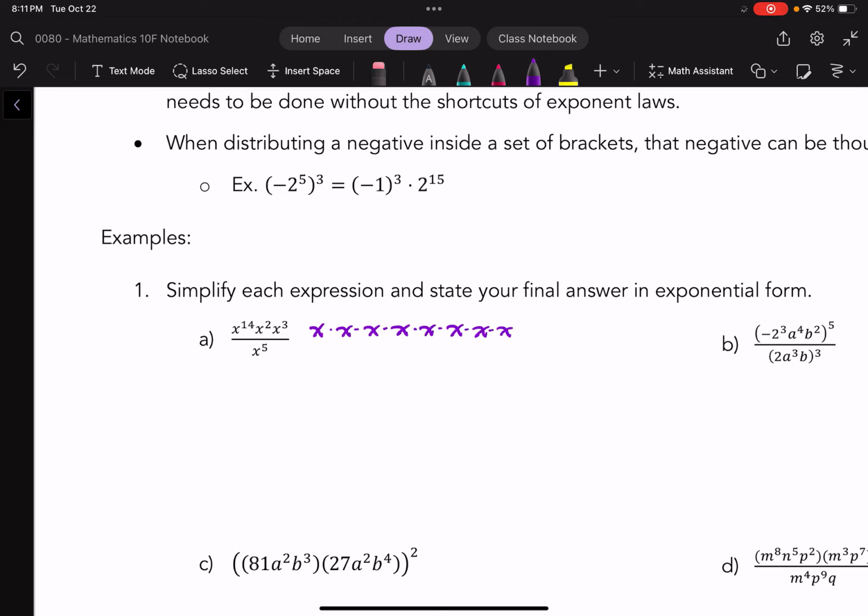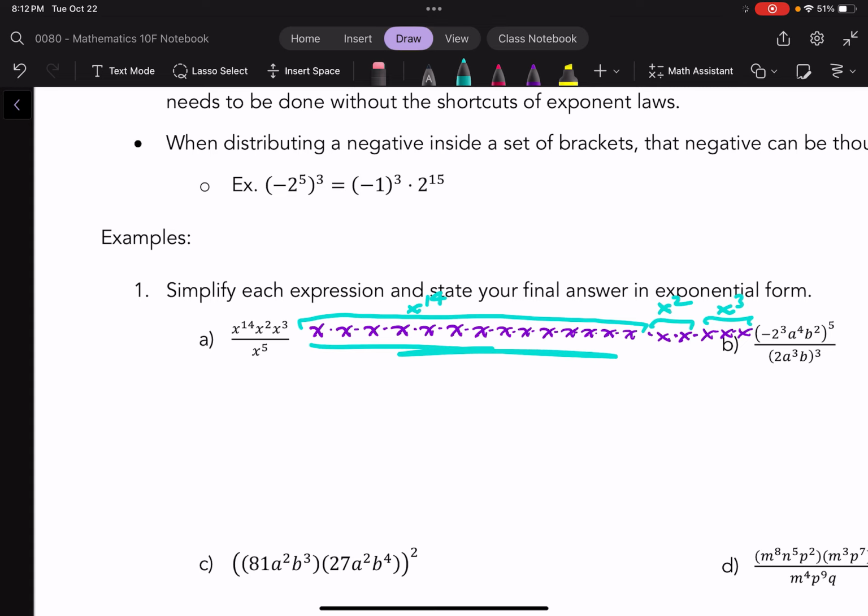There's x to the 14 right here, and that's getting multiplied by x squared, which is x times x, and that's getting multiplied by x cubed. That is a way for me to figure out what's happening. That's just a whole bunch of multiplication.